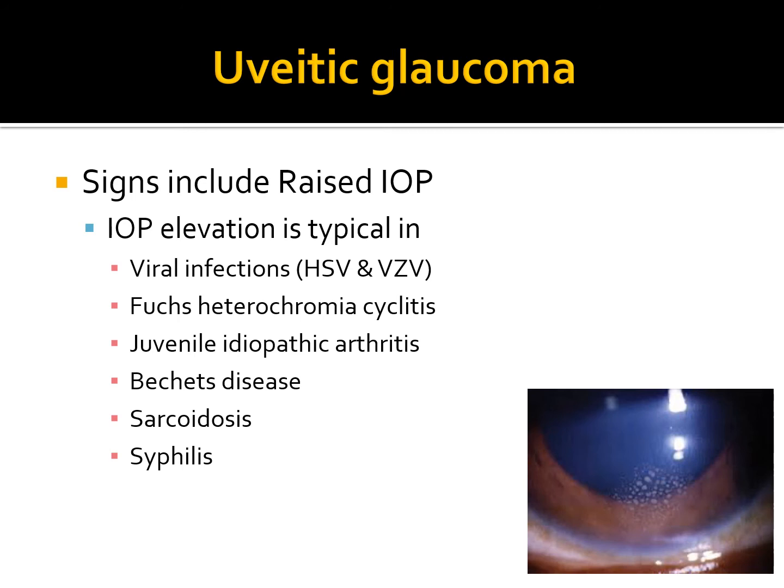Signs include raised IOP, basically, and it can be linked with a whole lot of usually inflammatory things: juvenile arthritis, sarcoidosis, syphilis, and so on. So there's a lot going on, and viral causes too, especially if they're chronic, because again it engenders an inflammatory response.